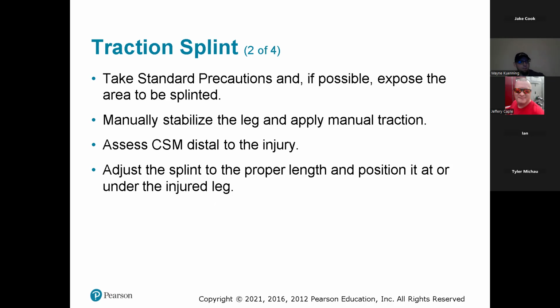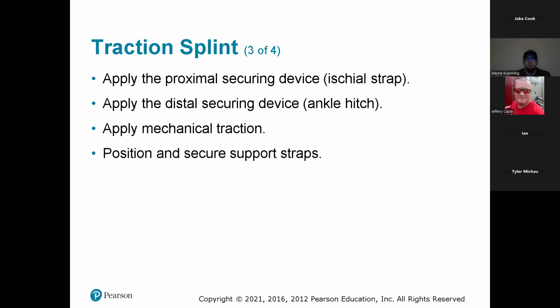Standard precautions, obviously gloves, and if possible, expose the area to be splinted, manually stabilize the leg, and apply manual traction. Assess CSM distal to the injury, adjust the splint to the proper length, and position it at or under the injured leg. Apply the proximal securing device, the one closest to the hip.